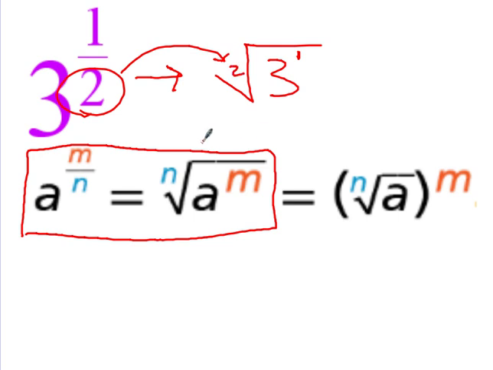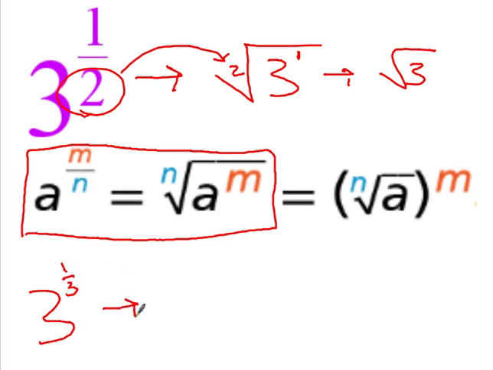And when we put a 2 on the outside, that's the square root. Okay, so really, 3 to the power of 1/2 is just asking for the square root of 3. I don't need to write to the power of 1, and I don't need to write this 2 outside of the radical symbol, because the square root, it's already there. Okay, that's implied.